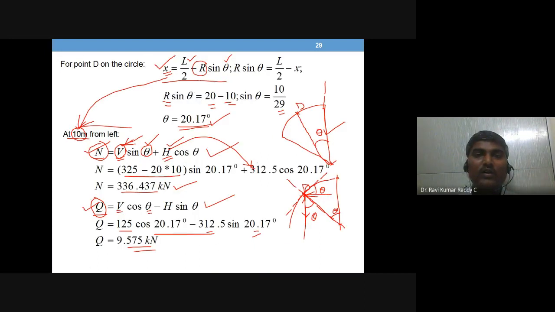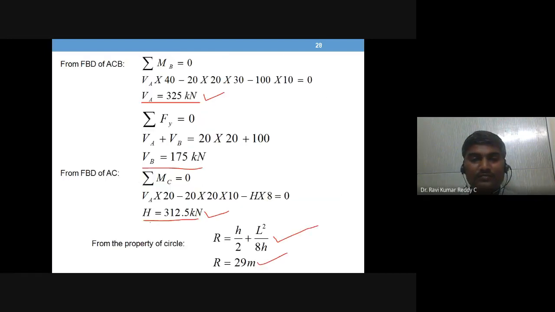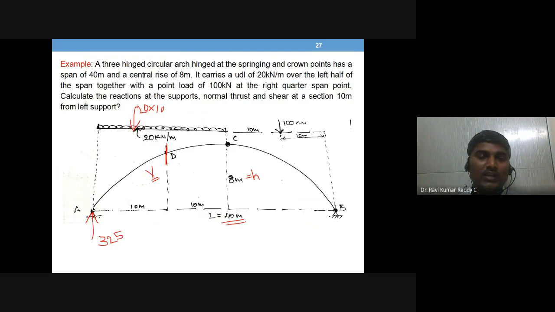Once you know all other quantities, theta is unknown, that theta will be 20.17 degrees, and that in turn will be substituted in the N and Q equations. You will get the normal thrust value, which means in the arch at D, the N value, that means compression value.